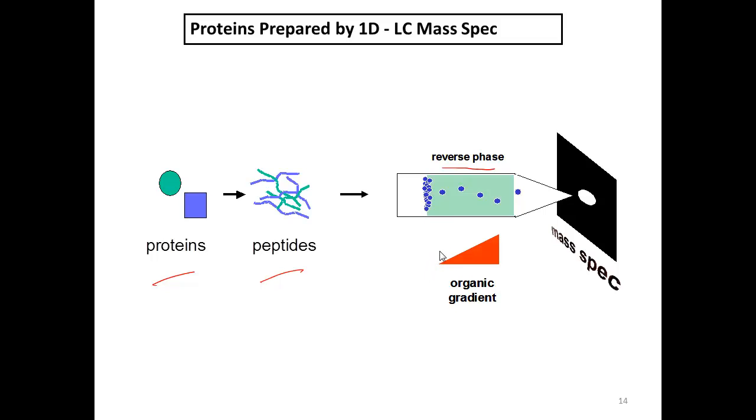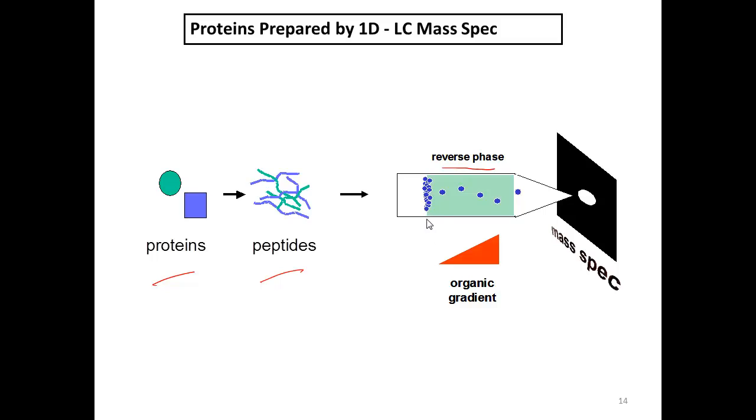Then we're going to introduce a gradient of solvents. We're going to gradually over time increase the proportion of organic solvent with the water, so that at the end of the gradient it might be 90% organic, 10% aqueous. Now the organic solvent is hydrophobic, and so you will serially elute peptides.